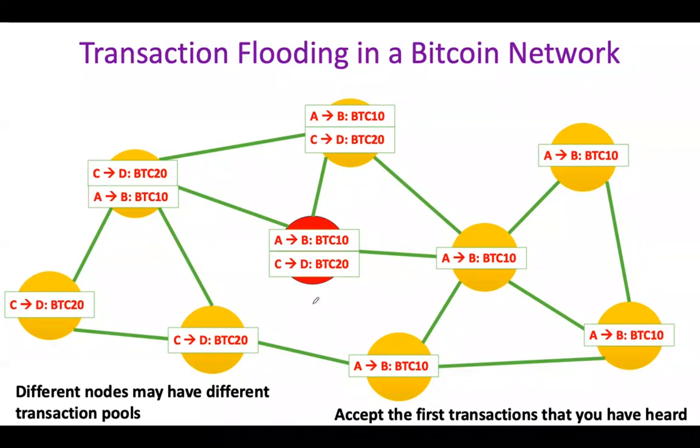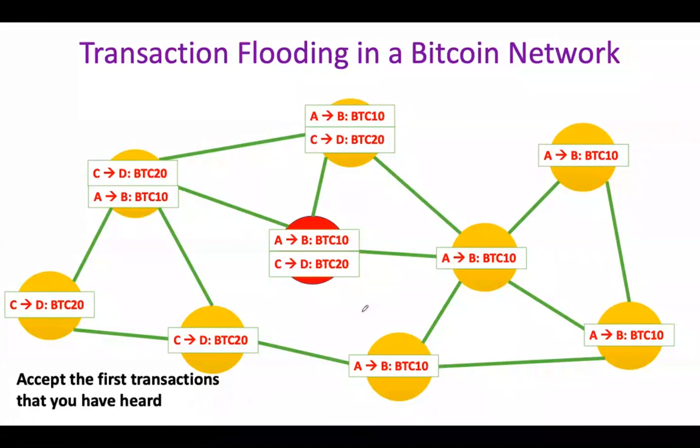So if there are n users doing n transactions, those n transactions will be flooded in the network, and every transaction will be received by every other node in the network. So different nodes may have different transaction pools. Accept the first transaction that you have heard, and if you have duplicate transactions, you can ignore those.